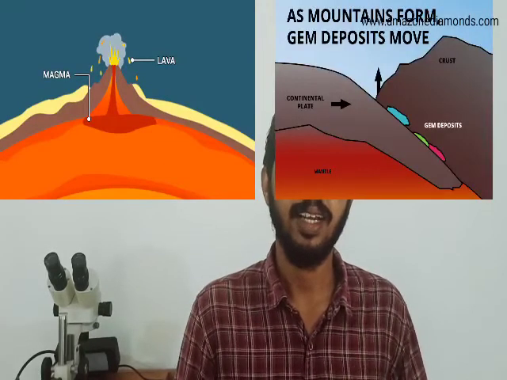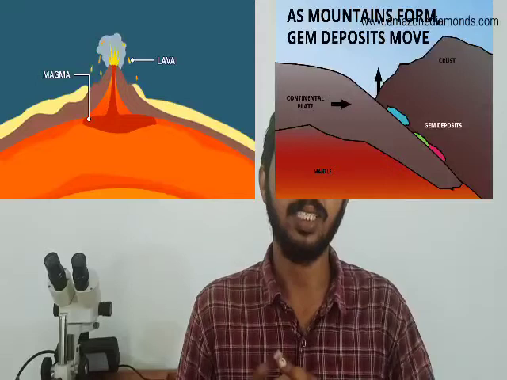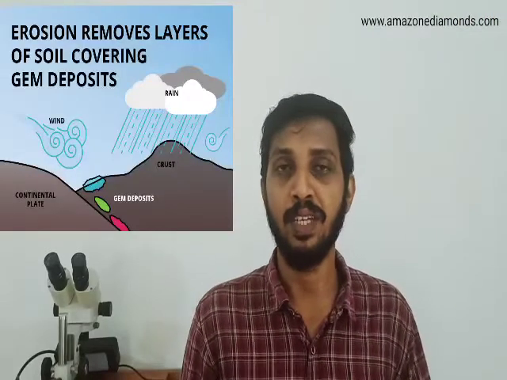By the cooling of this magma, these types of gemstones are crystallized, and these gemstones reach the surface by volcanic eruptions and also by the mountain building process and by erosion and rock uplifting. The hot molten magma will cool when the temperature falls and the gemstones are formed.